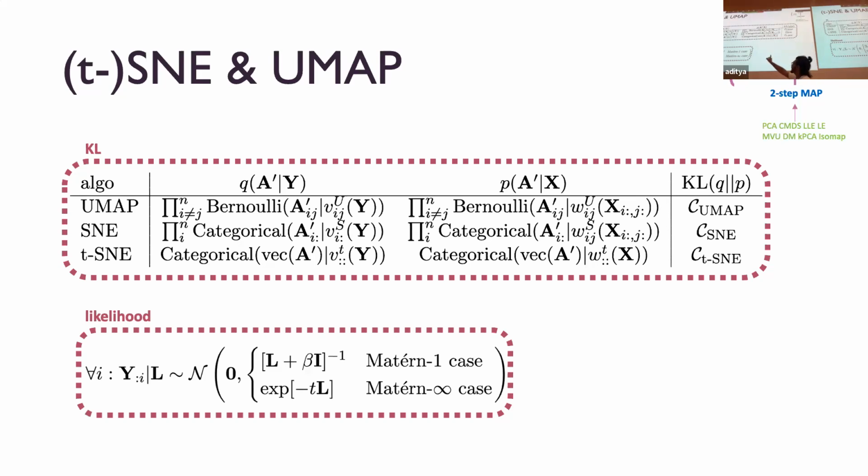And replacing the categoricals with multinomials does nothing to the cost function because it's just a constant that appears. And in the case of t-SNE, you just put a categorical or multinomial distribution over the entire vectorized adjacency matrix. So they really just correspond to different assumptions being put on this graph. And that just determines different statistics that the graph has when you sample from these distributions.